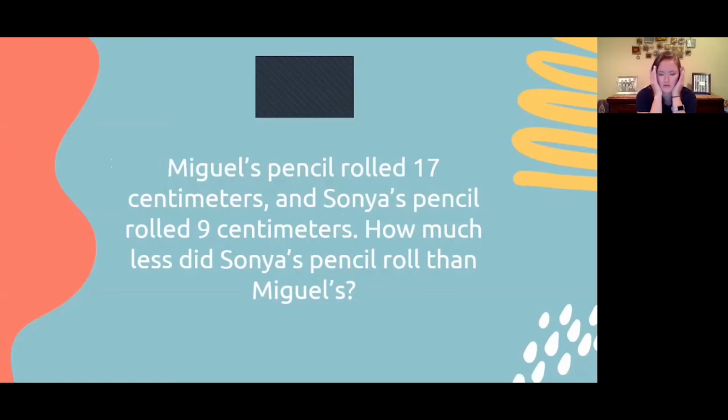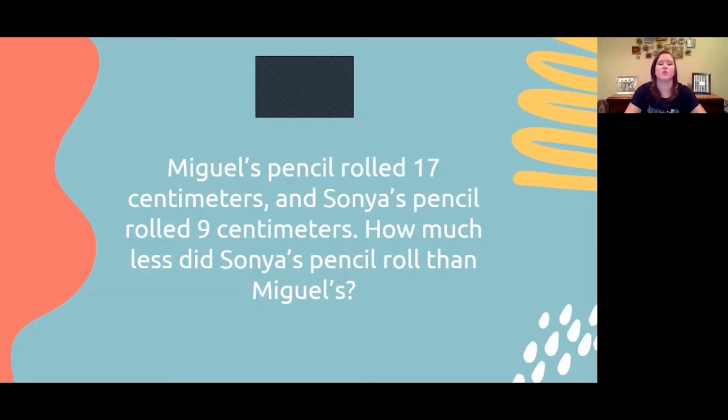Okay. Brainstorm. Miguel's pencil rolled 17 centimeters. So, what is important here? What is the question asking me? And how can I visualize this for me to solve it? You ready to give it a try?